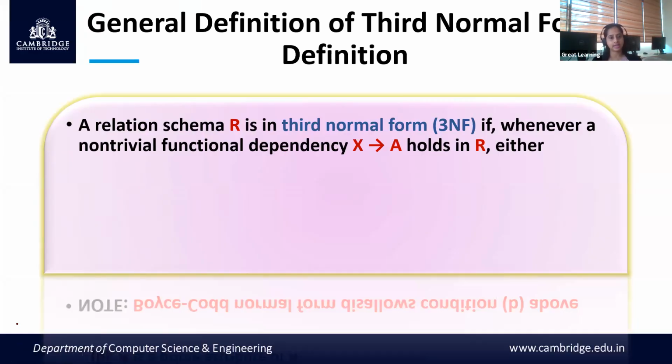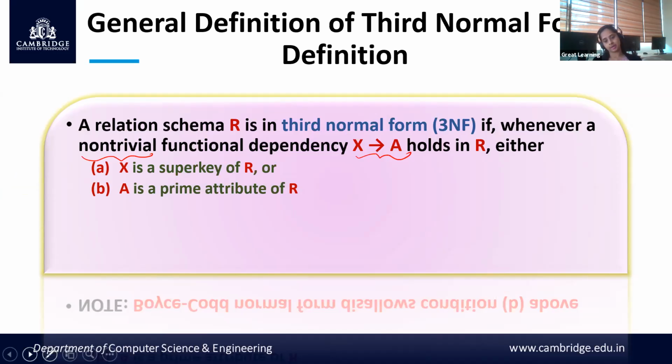The relation schema R is in third normal form if, whenever a non-trivial functional dependency X tends to A holds, then either X is a super key, meaning your left hand side should be a super key, or A should be a prime attribute of R. Either one should hold.